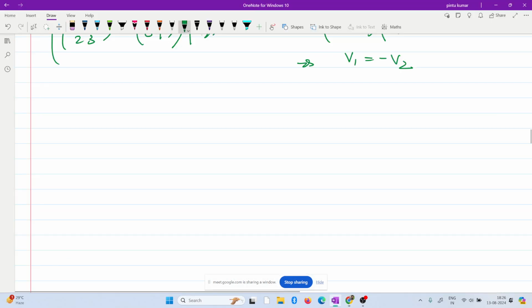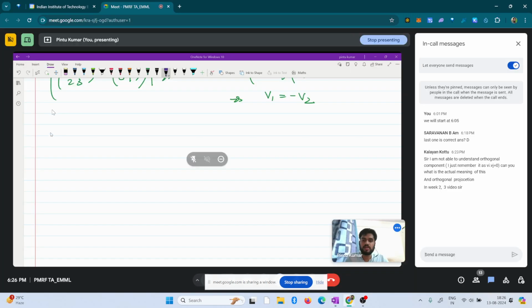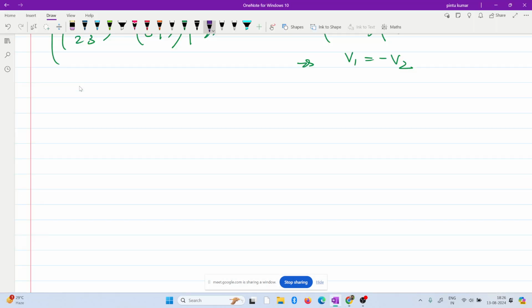Okay. So the word orthogonal, Kalyan, means that two things are sort of perpendicular. If you talk about the things that you have done in school, orthogonal is just a more mathematical name for perpendicular.